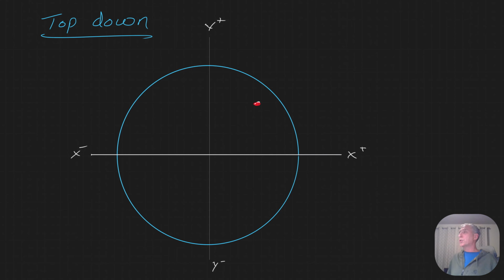This is the origin of our ENU system. I'm going to call it P. I'll say P is the origin of our LGH, I'll use them interchangeably, or ENU system.